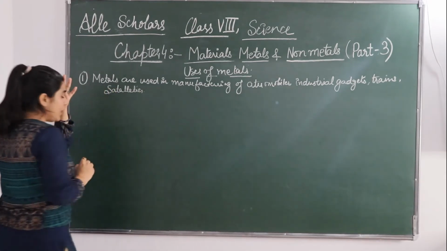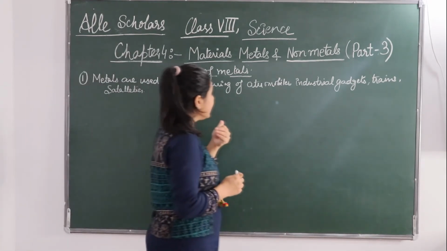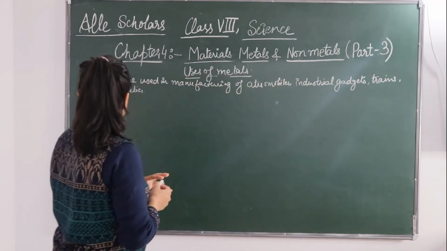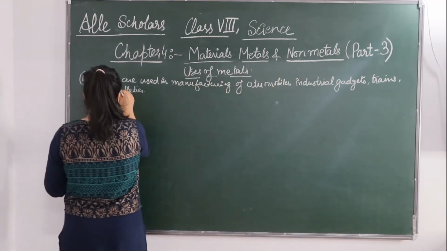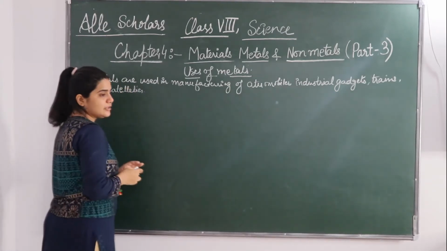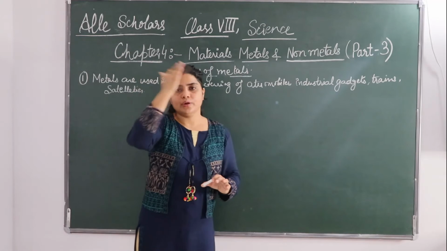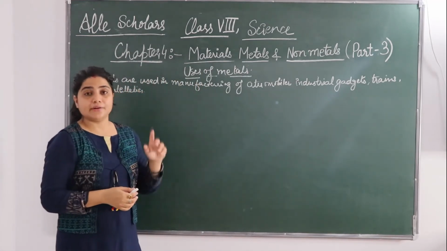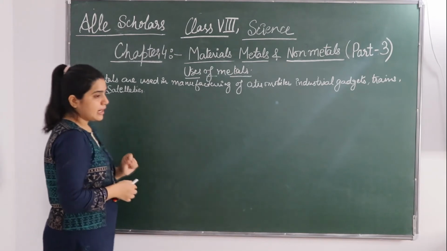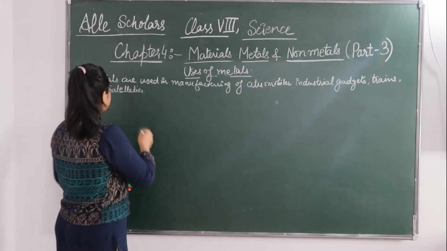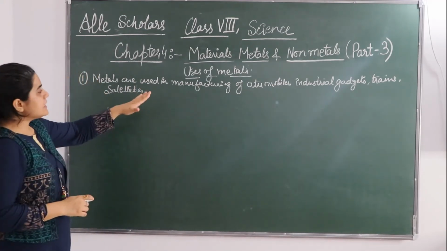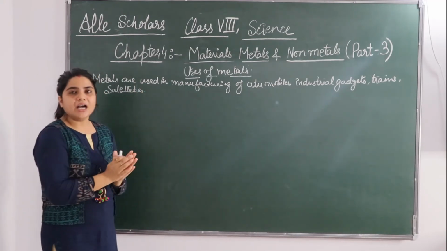Have you ever thought why metals are used for these things? If you go to part 1 of the video and remember the physical properties of metals, you will remember that metals are very hard in nature.